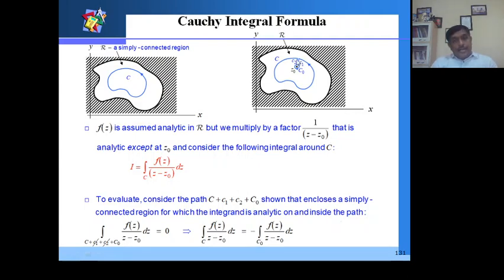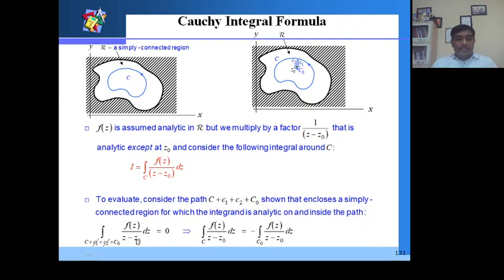We also already observed that for independent paths, one direction is different from the other. Then the integrals upon C1 and upon C2 of f of z dz become the same, so these two cancel each other and become 0. Then the remaining is the integral upon C plus the integral upon C naught.